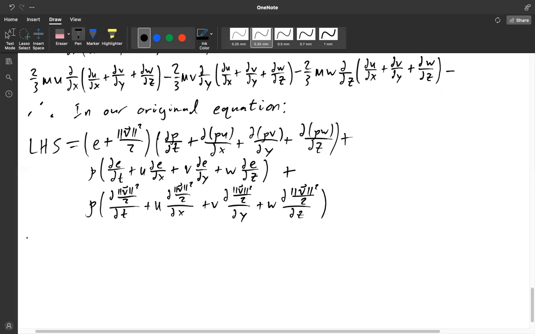We can say that the right-hand side equals out to be the following.